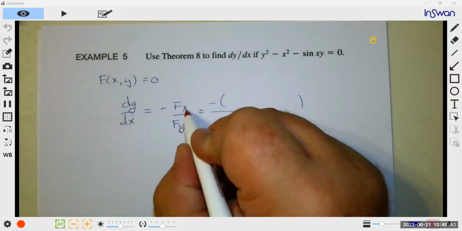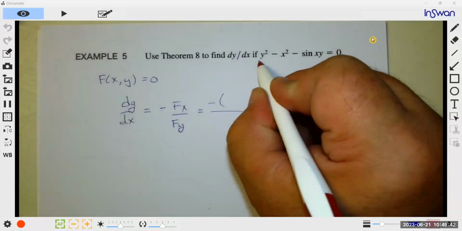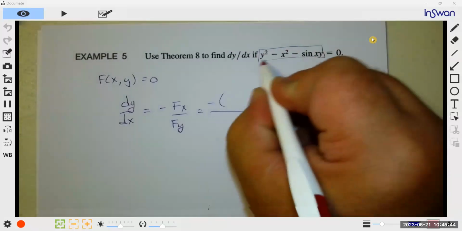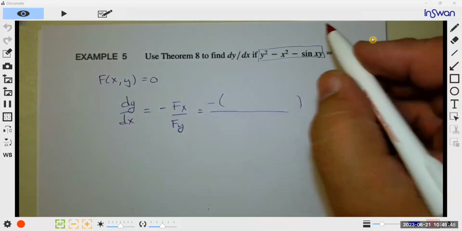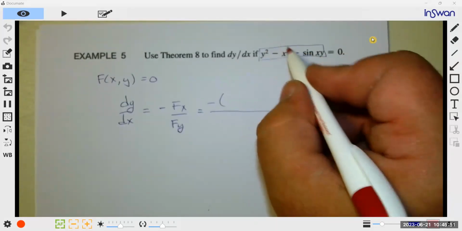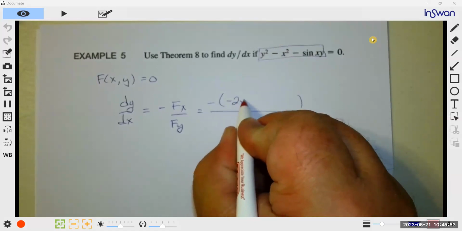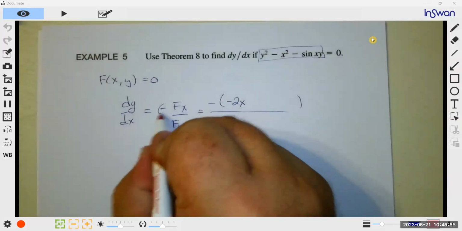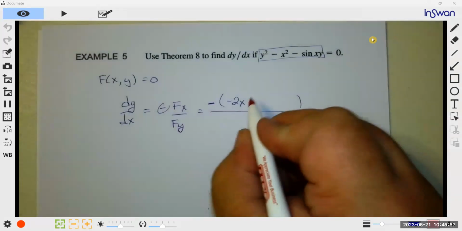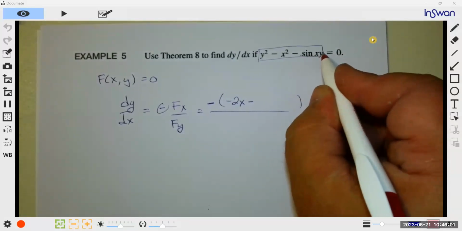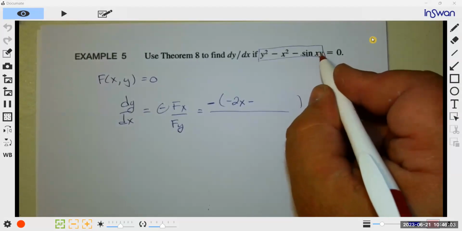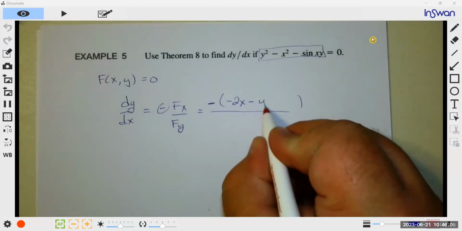So the partial of this function, this is our f right here. The derivative of the function with respect to x, that's a constant, disappears. So it's negative 2x. Remember, this negative stays out in front. Minus sine xy. Take the derivative of the inside, which is y.